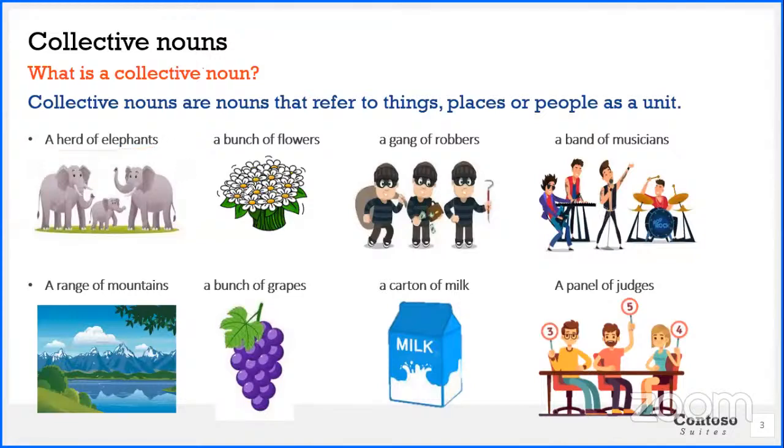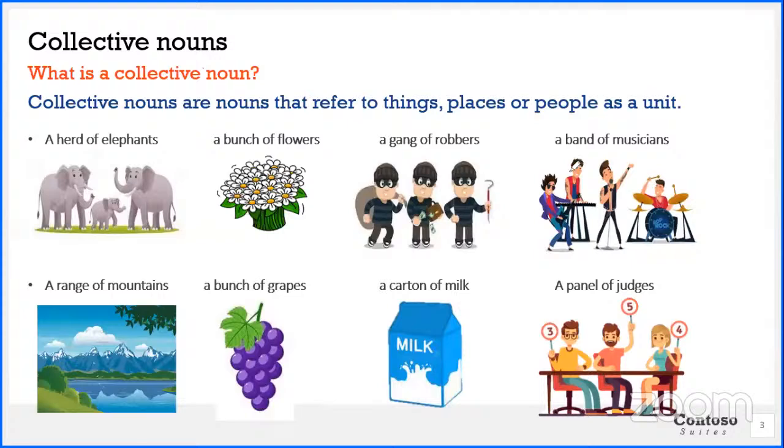Then you can see a bunch of flowers. The bunch is the unit, and in this bunch we can see some flowers. In the third picture, you can see there are 3 robbers, so we can call that unit a gang of robbers.